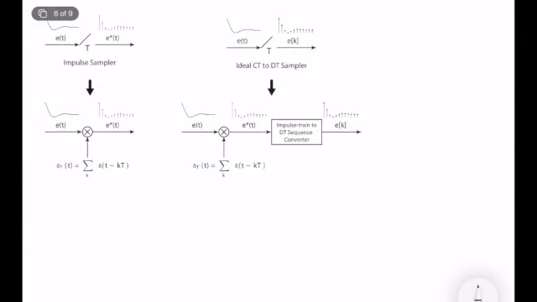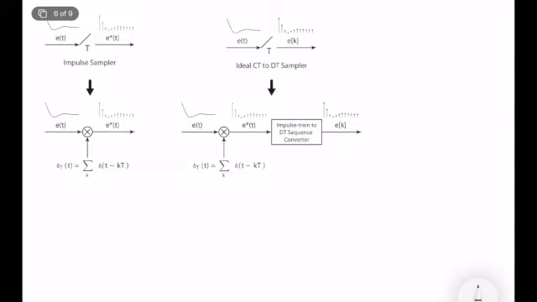Okay, this is the sampler. Here I illustrate two different ideal samplers, and I will cover both of them in this course. They're similar, but there are some differences, and the difference is more in their notion and notation.